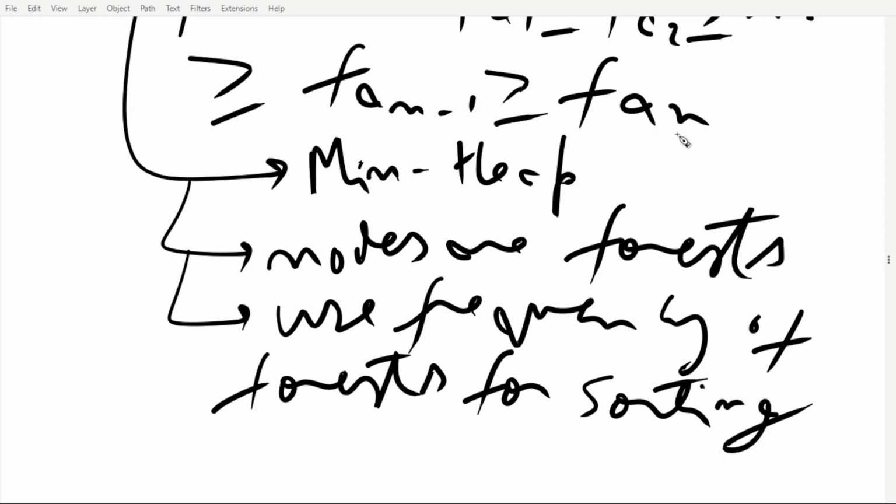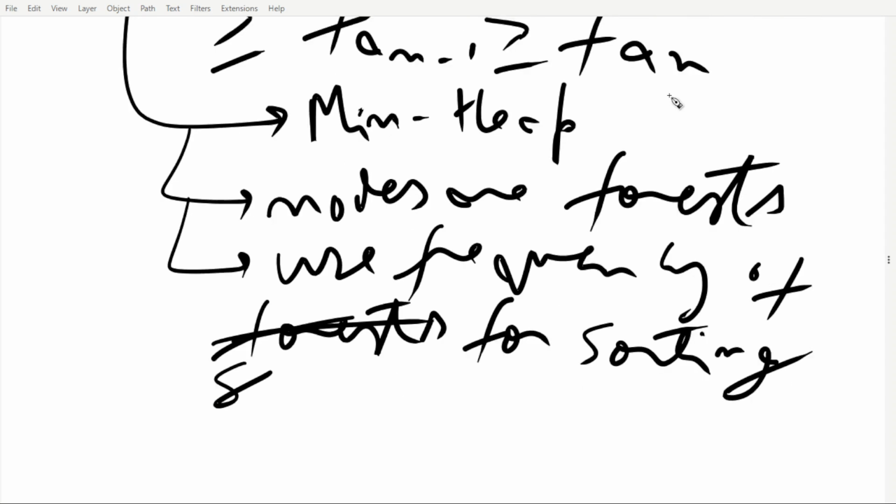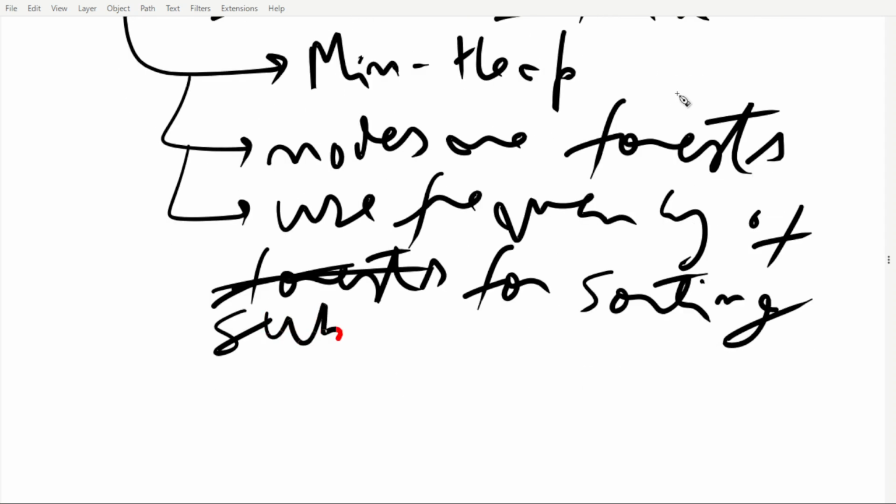Not forest, this subtree. So forest is a collection of subtrees. The elements in the min heap are subtrees and we use frequency of the subtrees. And how to define a frequency of subtree?